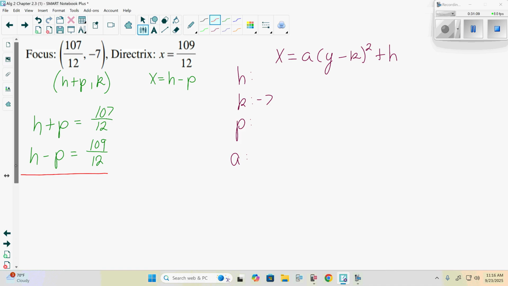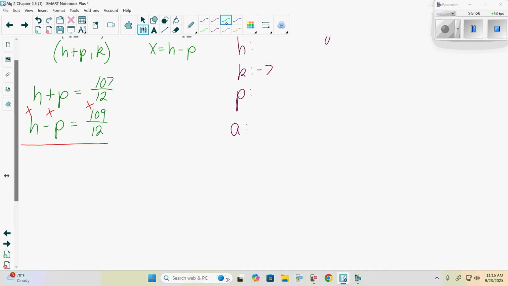So to find the value of h or p, we need to set these two up, and then we need to add or subtract. Do we want to add or subtract? Add. We can just add. So if we add these two together, h plus h is 2h. P plus negative p is 0.